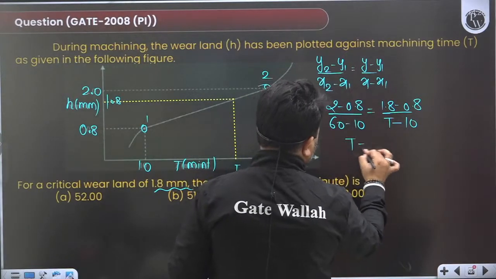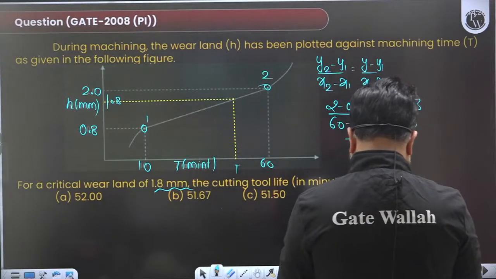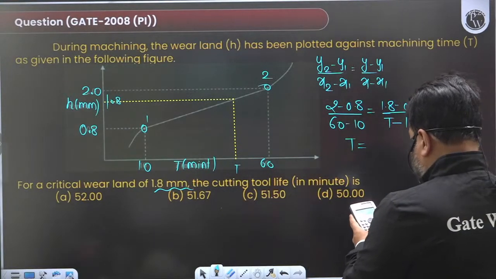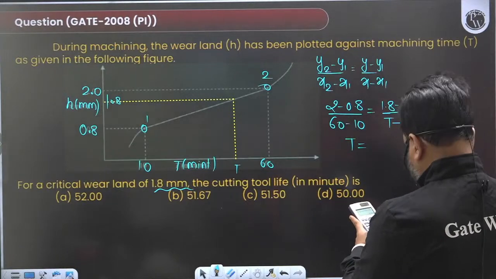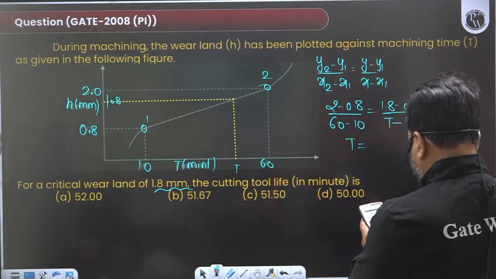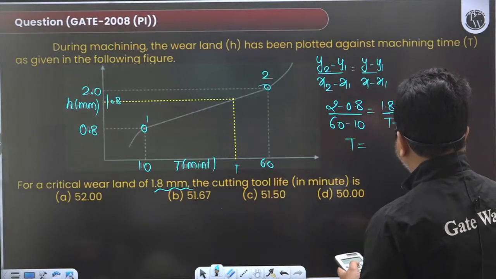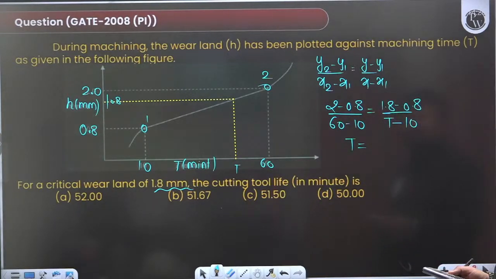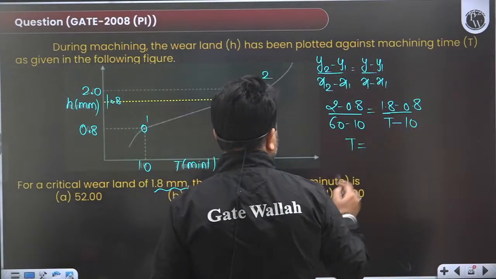So from here you will get t. I think something is wrong. I did the wrong calculation.